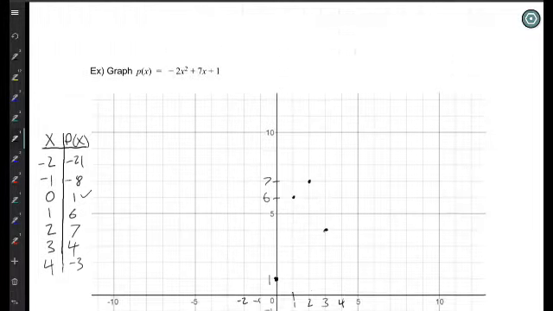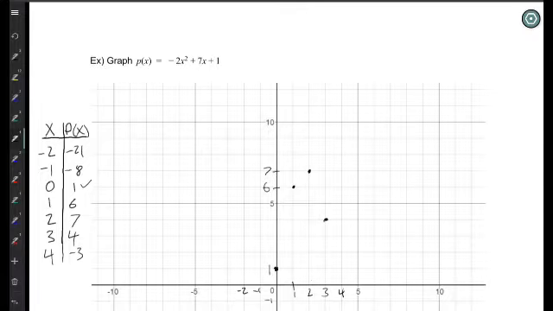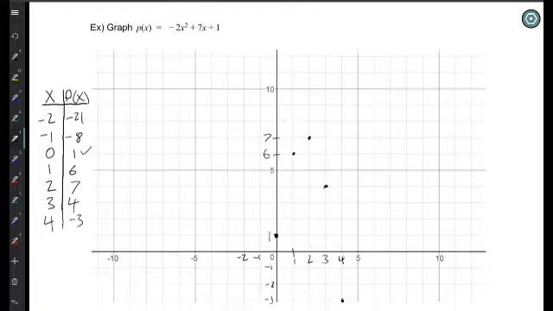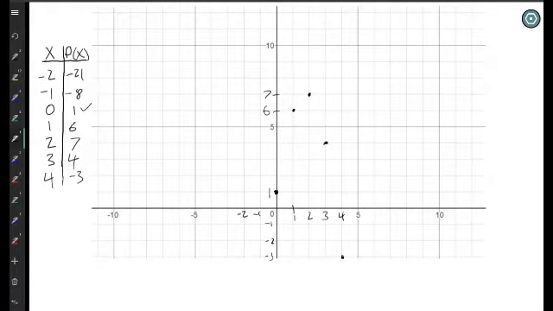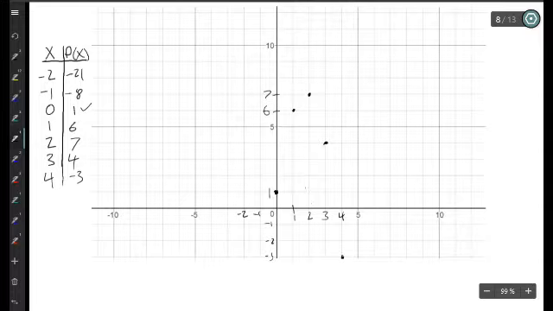It's not clear what the vertex is, but I can tell you that it is 7/4, which is just about here. It's somewhere up here.